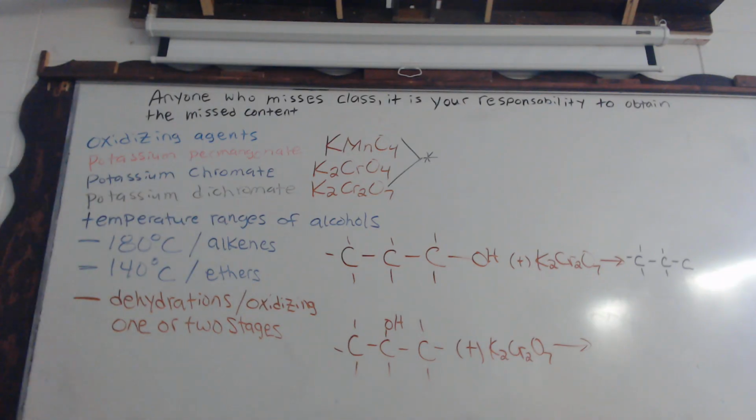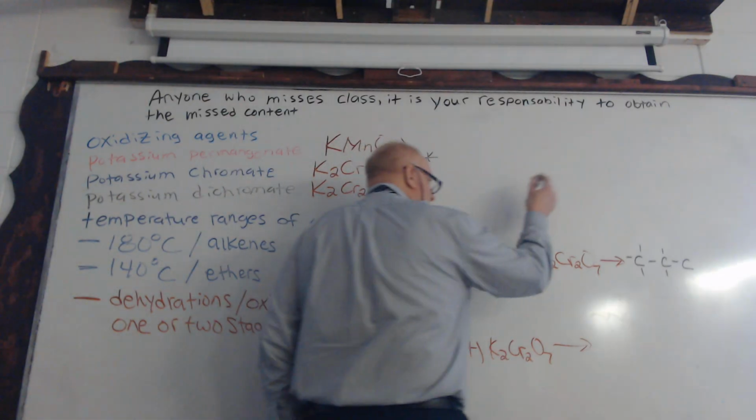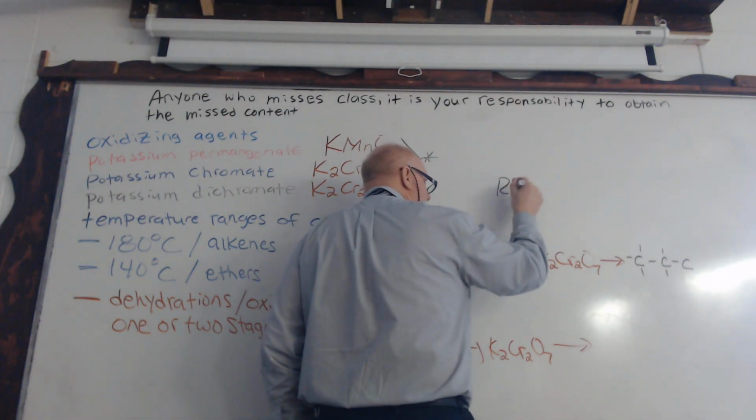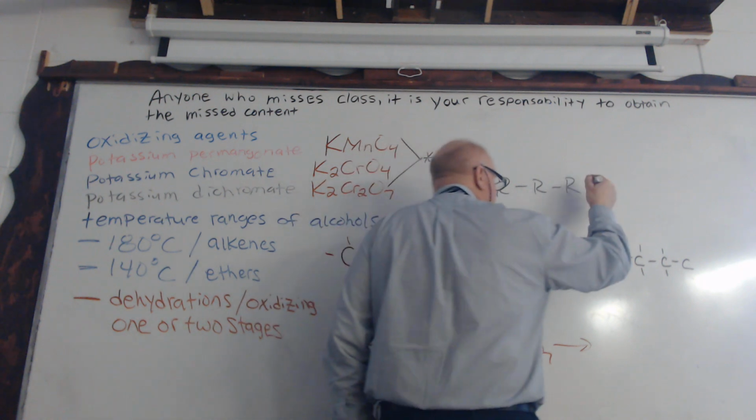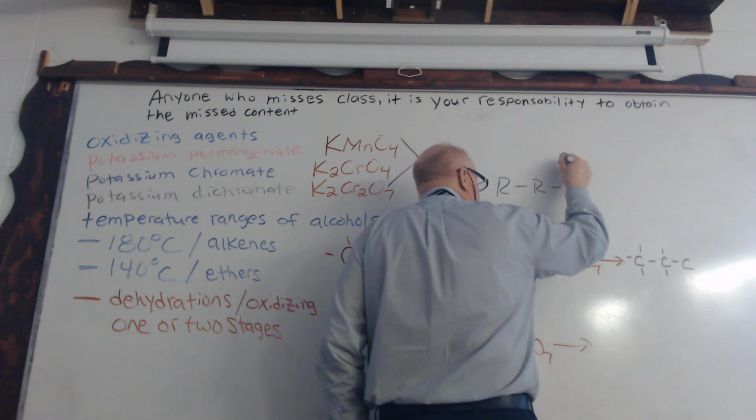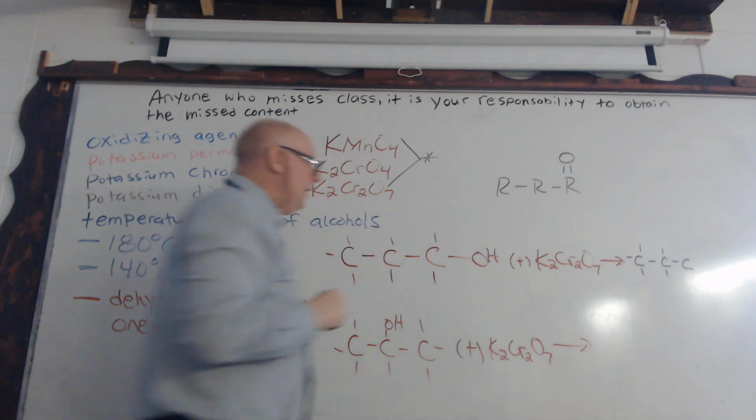Yes, okay, because it has the number 1 up there. And R is any alkyl group, so then it has this, and this, and this, and it has that on there.